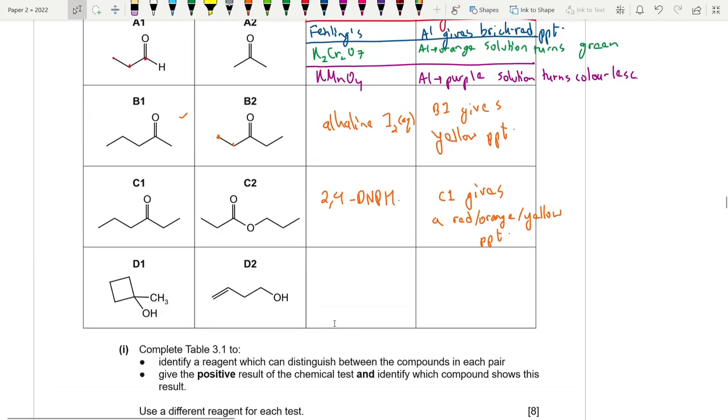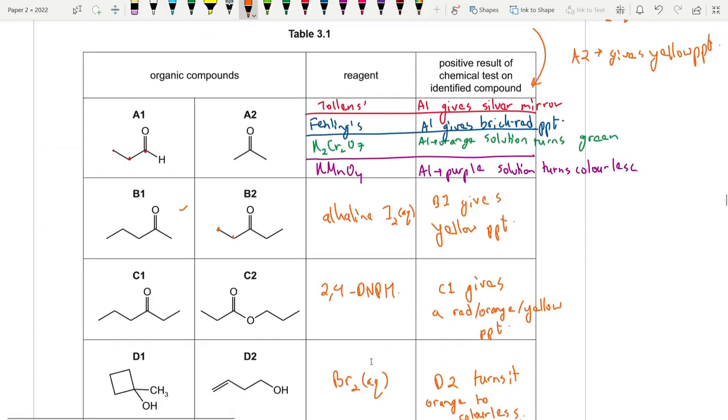D2 has an alcohol as well as an alkene. D1 also has an alcohol. So you can just go for the test for unsaturation. We can add aqueous bromine. The one with the alkene, sorry, D2, turns it orange to colorless, right? Test for unsaturation, orange to colorless. Fine. That's great. Amazing.